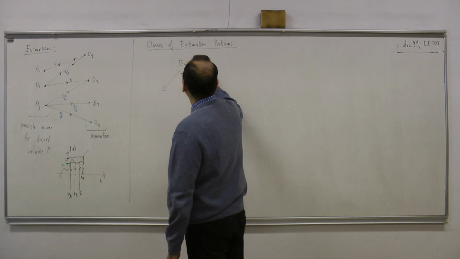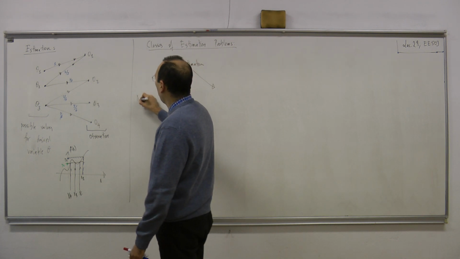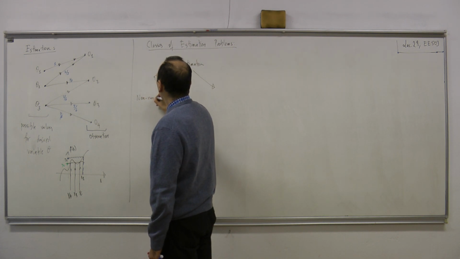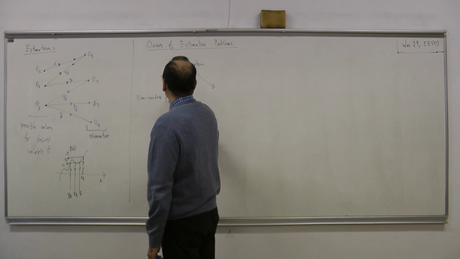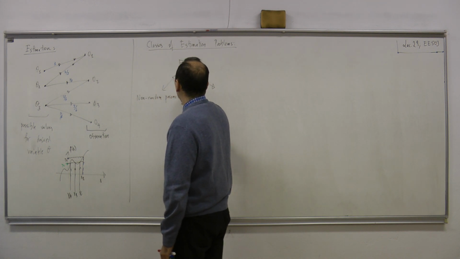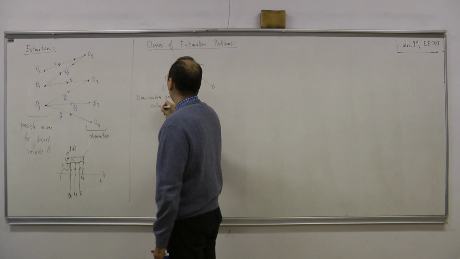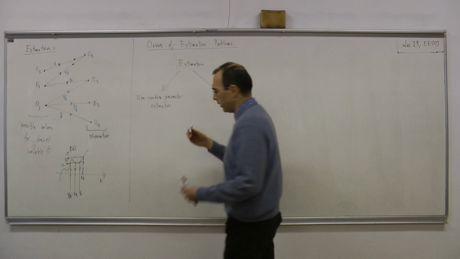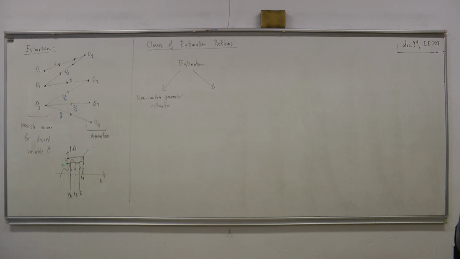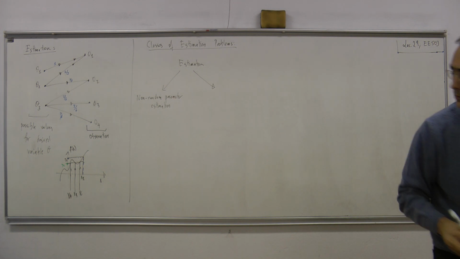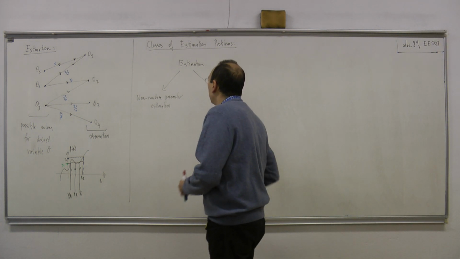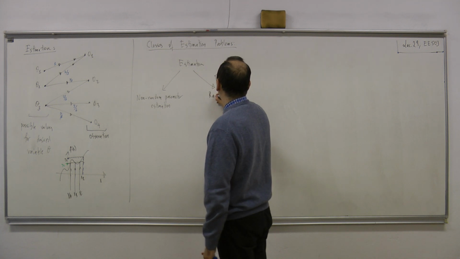This is divided into two. The first topic is what we call non-random parameter estimation. And the second one is called random parameter estimation.